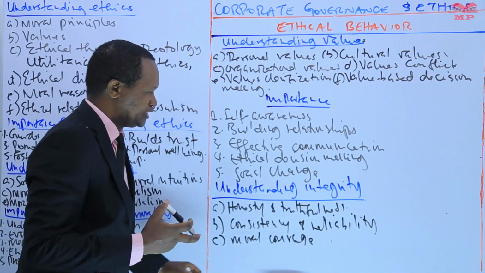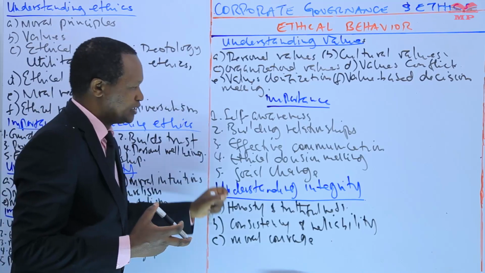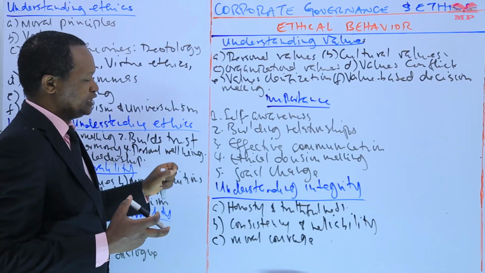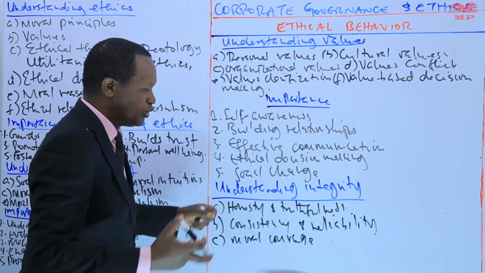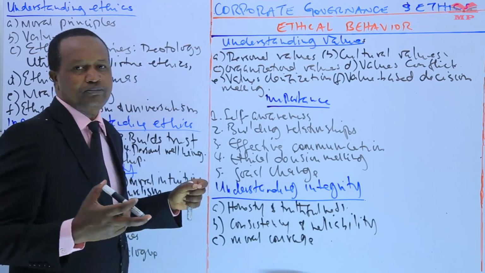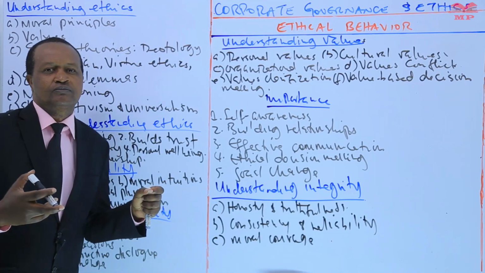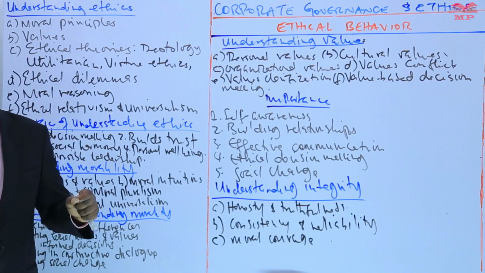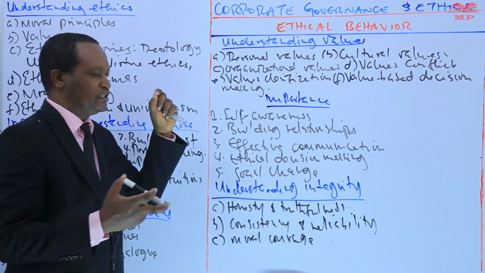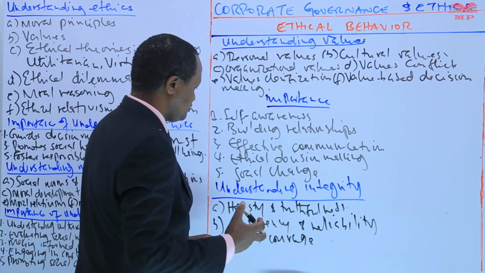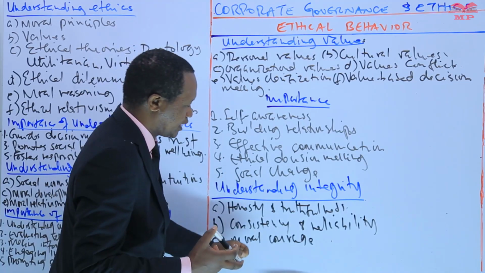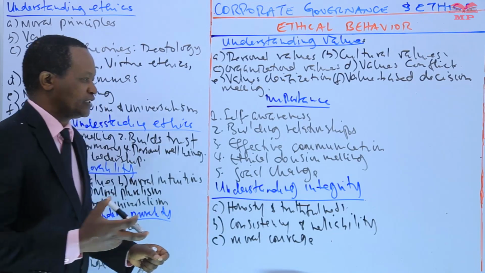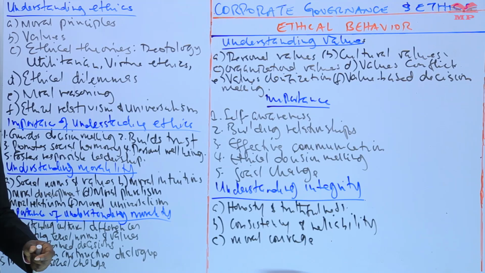So a man or woman of integrity is one that has the moral courage to stand up and speak for what is right, even when it is unpopular. So moral courage is an aspect of understanding integrity.